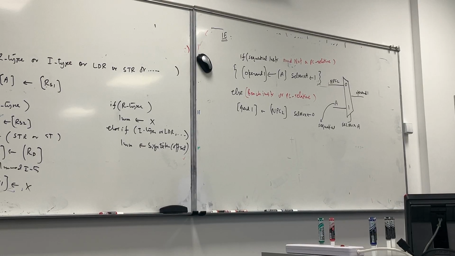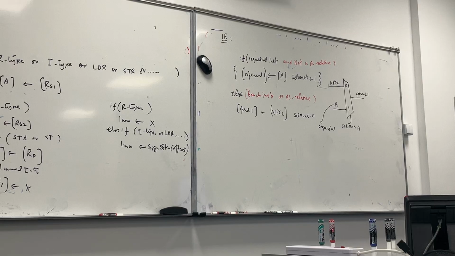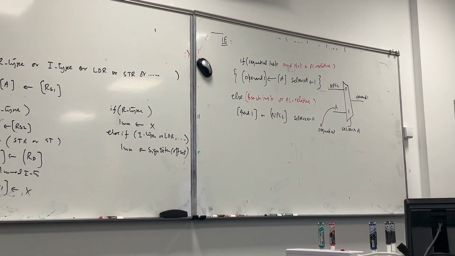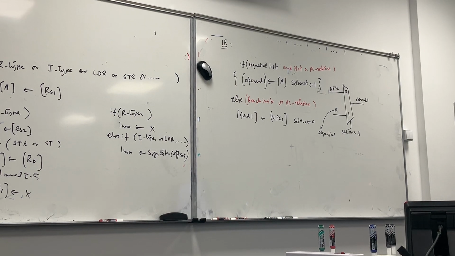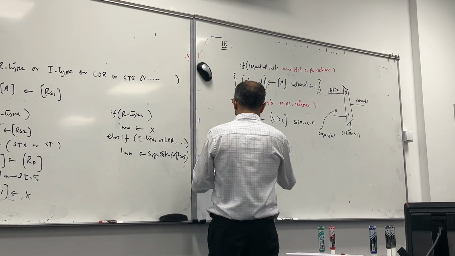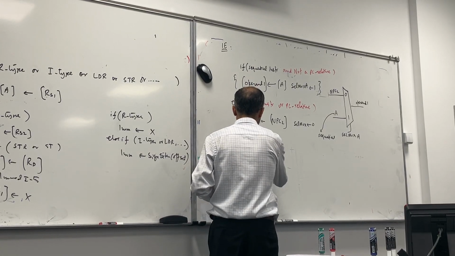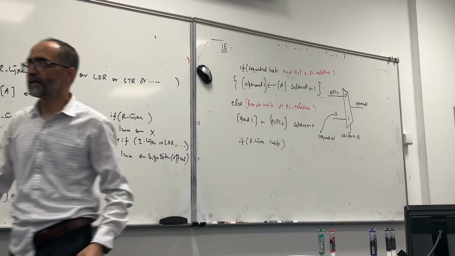Okay. What about operand 2? Let's look at the mux. It's B. Then? Yes, what about B? If it is an R type instruction, if it is not an R type instruction, what will it be?